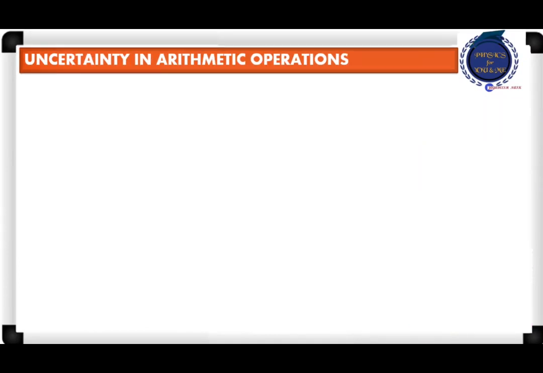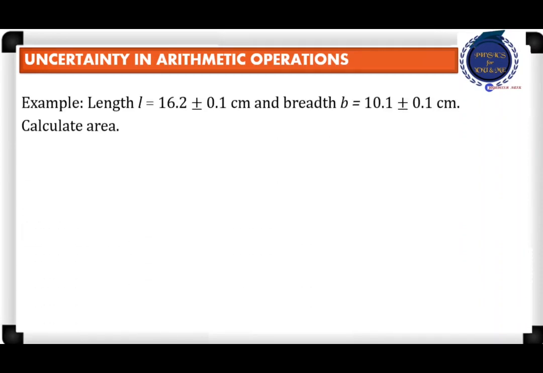Now, we are going to consider uncertainty, that is error, measurement of error in arithmetic operations. Let us consider an example. Length and breadth are given and we need to calculate the area. We know that area is obtained by multiplying the length and breadth.